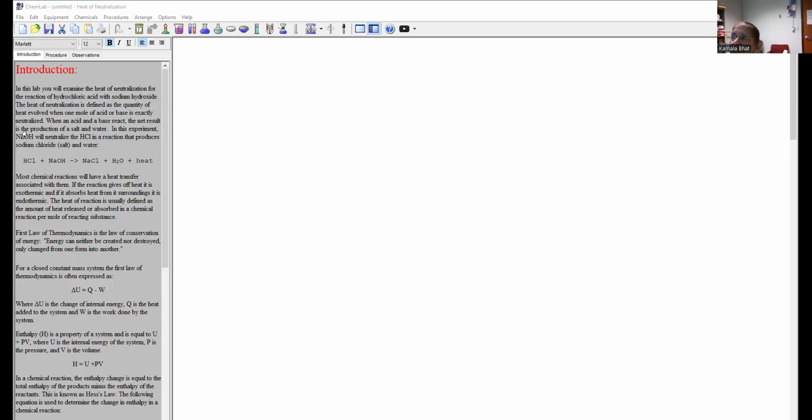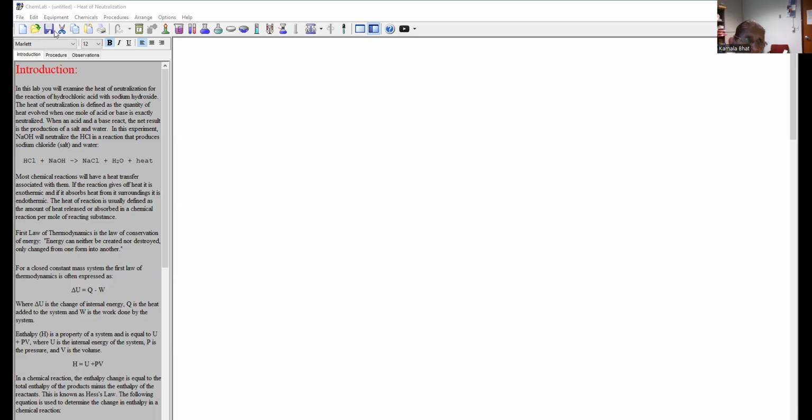Once we know the moles of the reagent that you have taken, which is the limiting reagent, then the Q reaction divided by the number of moles of the limiting reagent will give you the ΔH per mole. The units for ΔH, the enthalpy change at constant pressure, are kilojoules per mole.